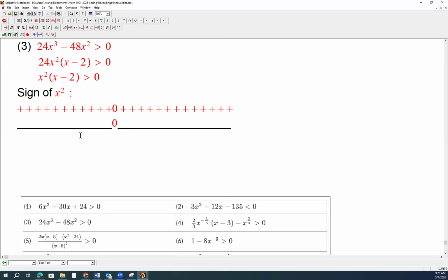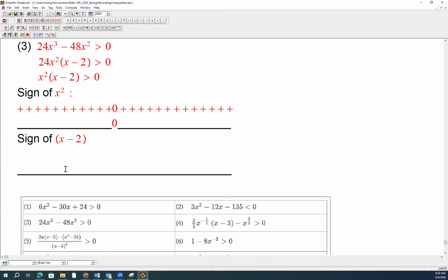Okay? So how about the sign of x minus 2? When x equals 2, x minus 2 is 0. So for x less than 2, you pick a number smaller than 2.